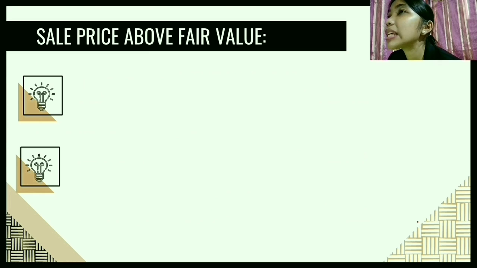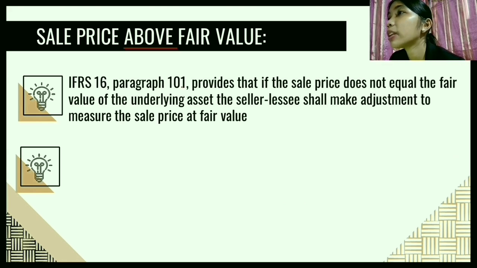Now, what about when our sale price is above the fair value? We sold it higher than the fair value of our underlying asset. So, IFRS 16 paragraph 100 provides that when the sale price does not equal the fair value of the underlying asset, the seller-lessee shall make an adjustment to measure the sale price at fair value.